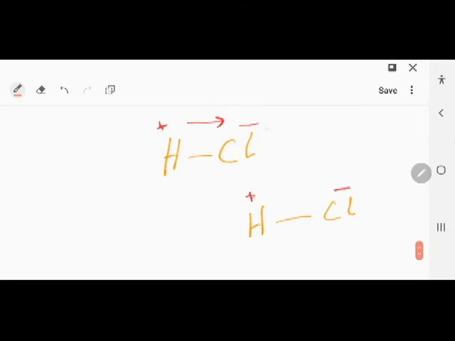So the attraction will happen between this negative side and the positive side of the other molecule, and so on. This is the attraction that we call dipole-dipole forces.